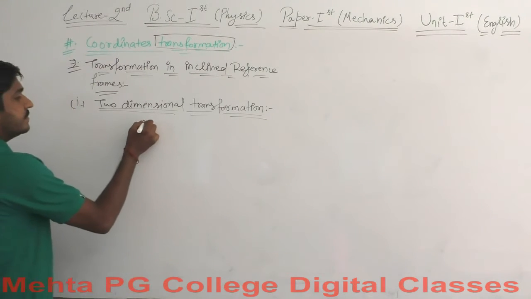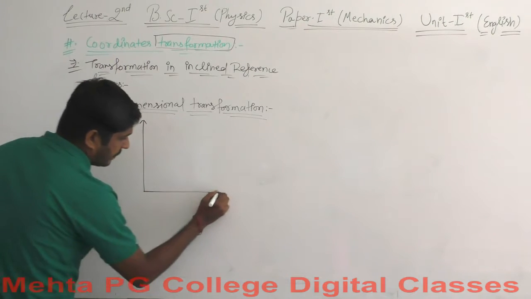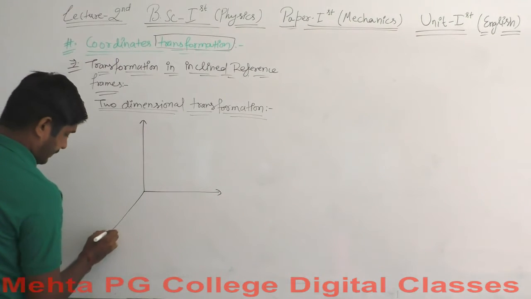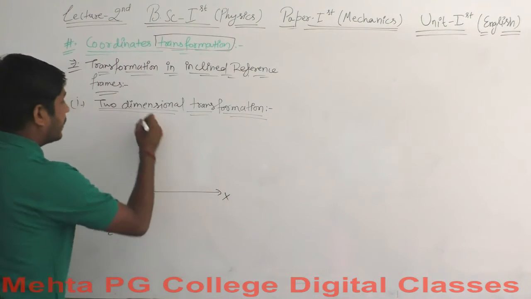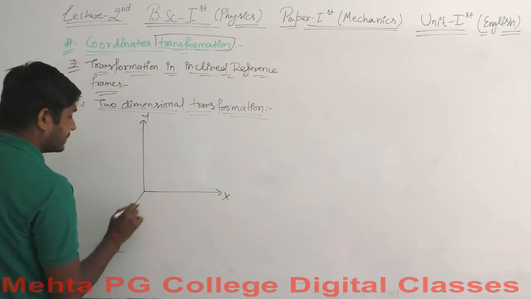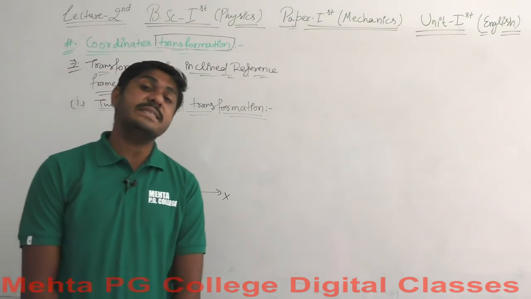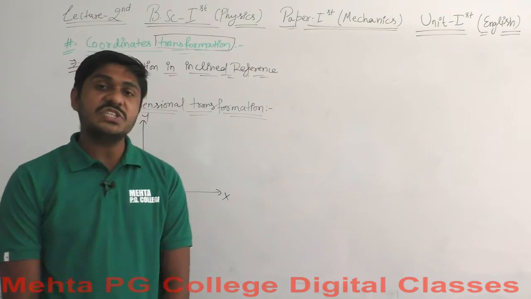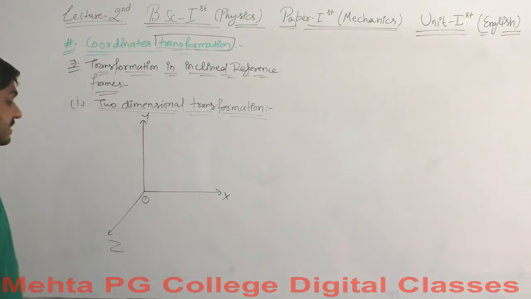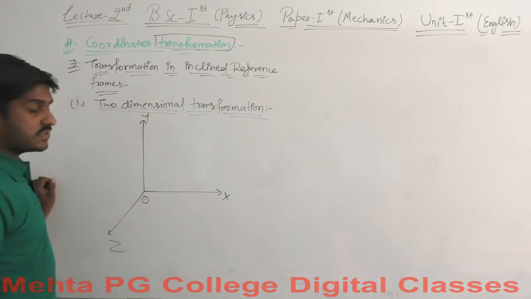So we have a reference frame, the x, y and z axes, saying our primary frame of reference, and as it is the two-dimensional transformation, we can say that the z axis of both of these reference frames should be the same.